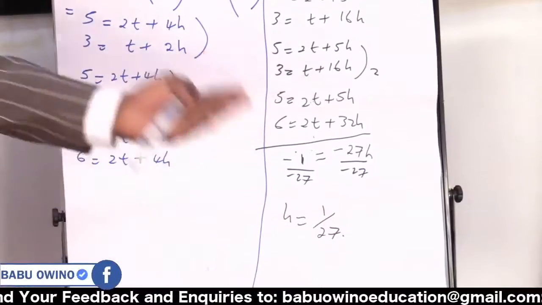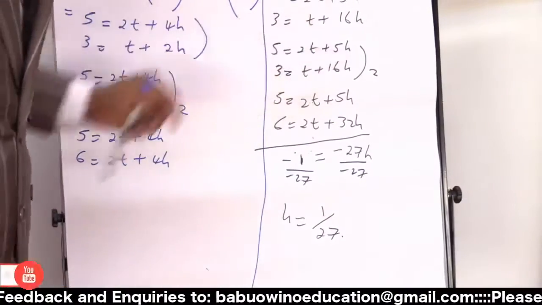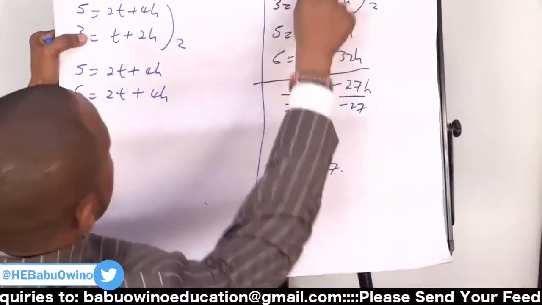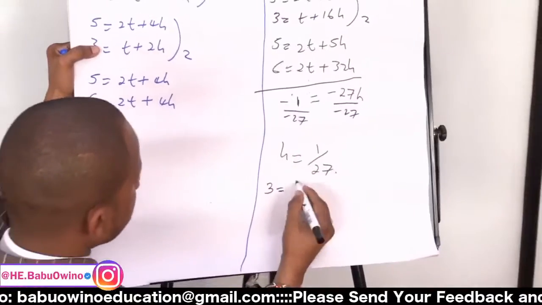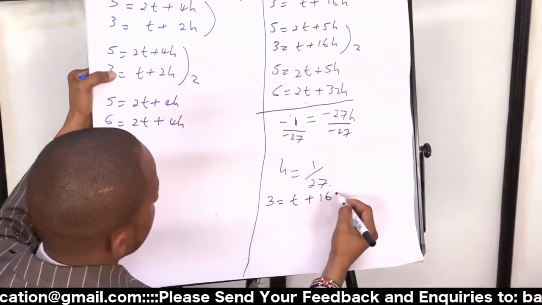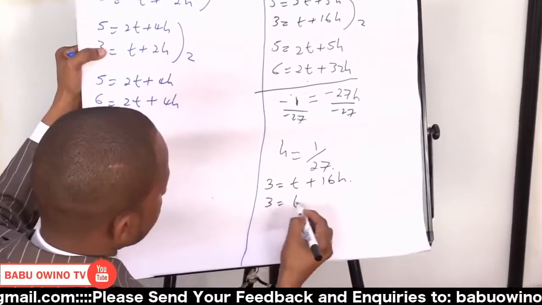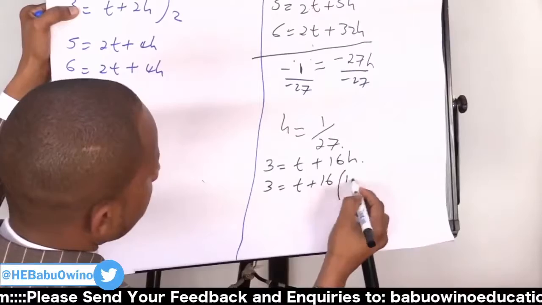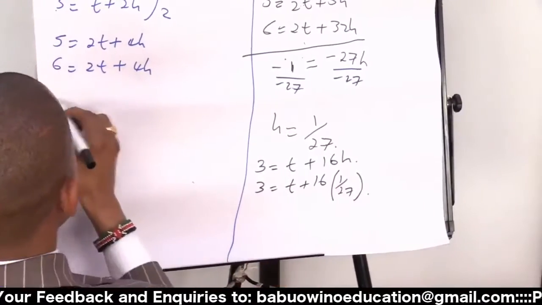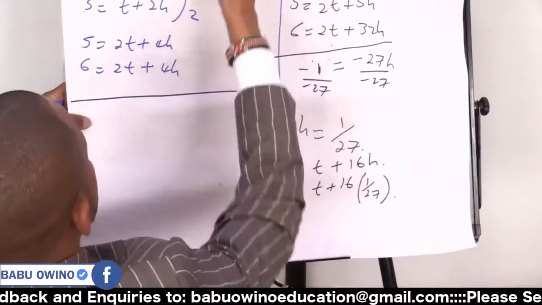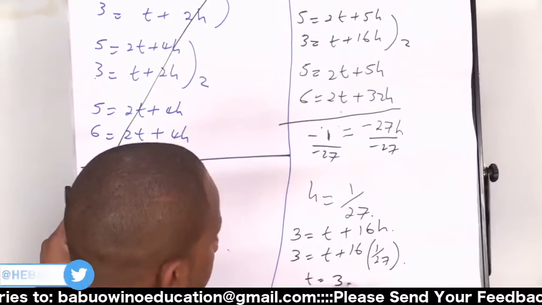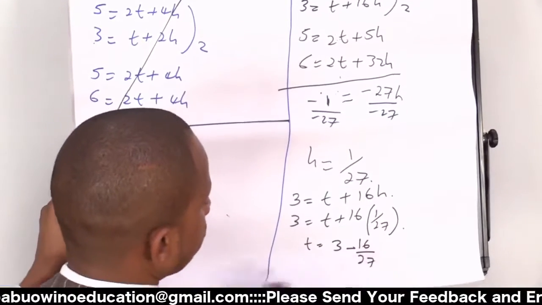What about our T? So you just come and substitute. You say here 3 equals T plus 16H. So 3 equals T plus 16, but our H is 1 over 27. So this is going to be T equals 3 minus 16 over 27.